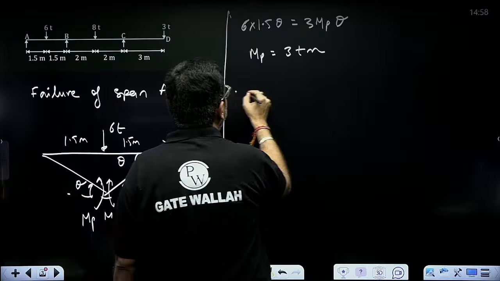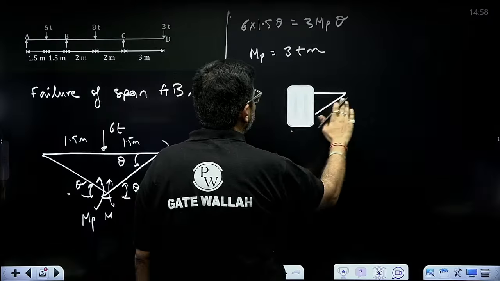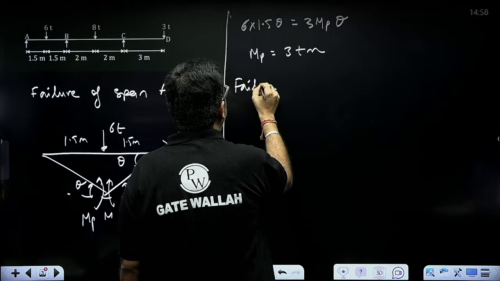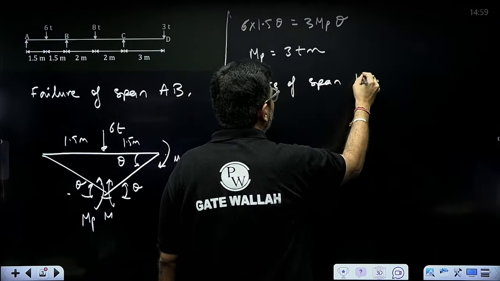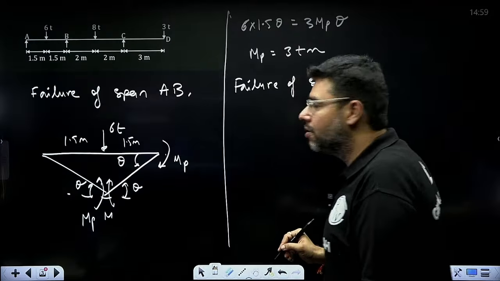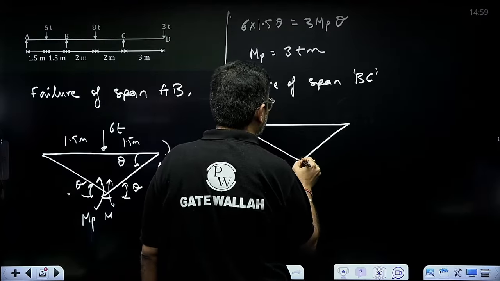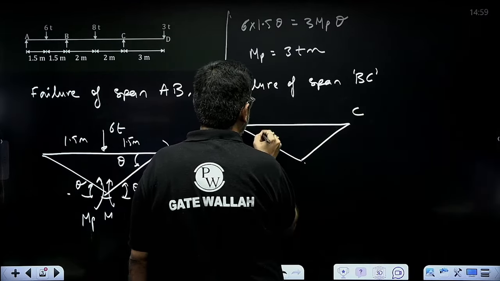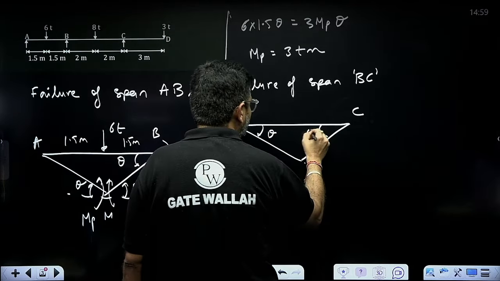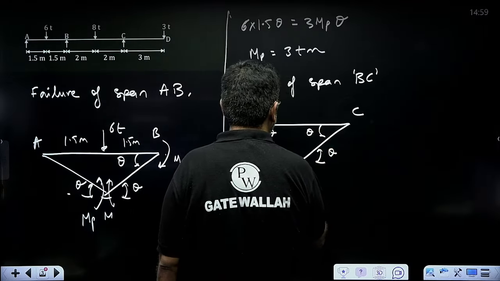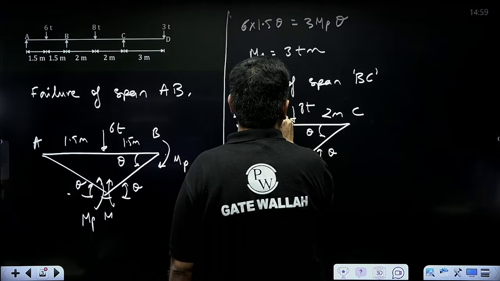Now, consider failure of span BC. On similar lines, we consider failure of span BC, and MP will be the largest of all the values. Very beautiful question, can be asked in GATE as well. This was AB. If this is theta, this is theta again. The load is 8 tons, 2 meters each.